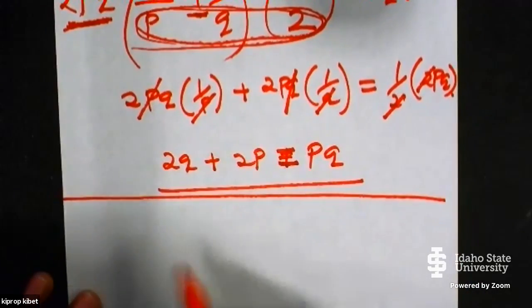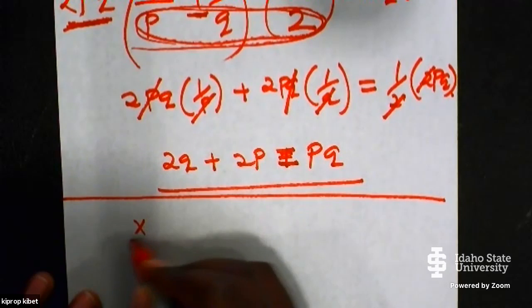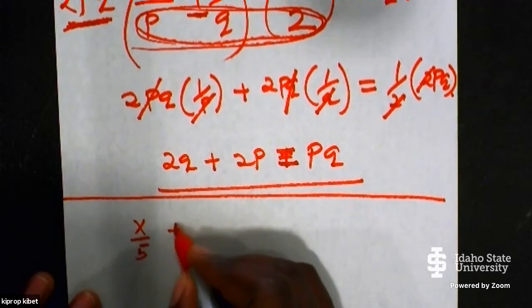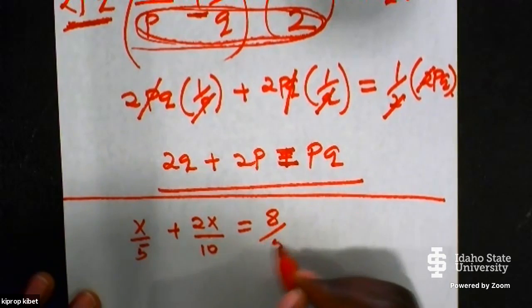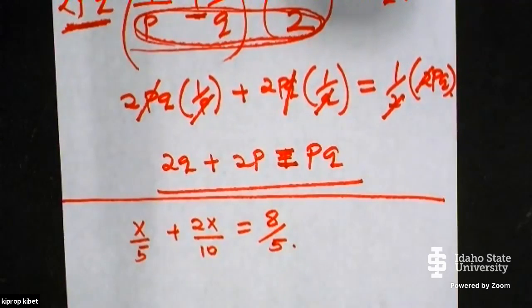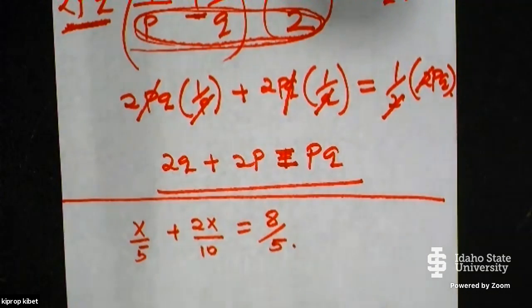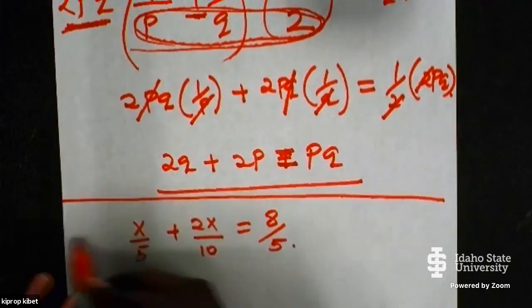So let's say we have x over 5 plus 2x over 10 equals 8 over 5. Now solve this one.